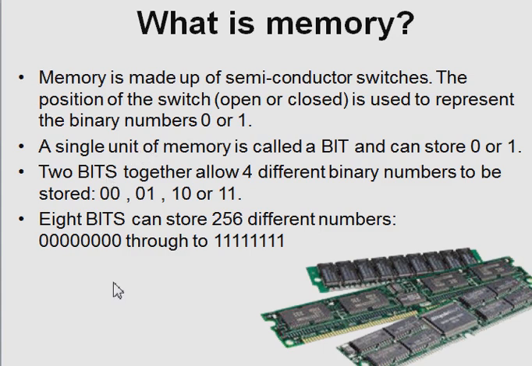2 bits together allow 4 different binary numbers to be stored. If you combine these 0 or 1 multiple times to create a 2-bit number, then you can create these 4 numbers: either 0 0, or 0 1, or 1 0, or 1 1.